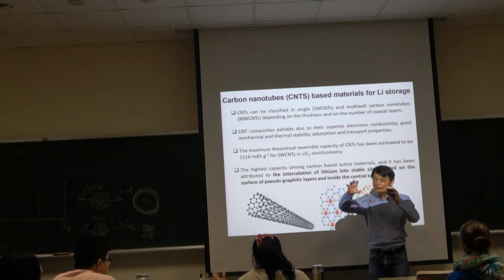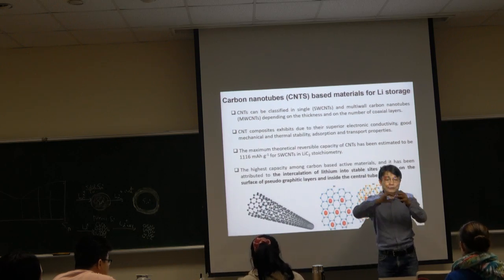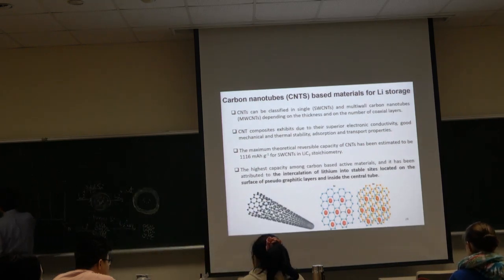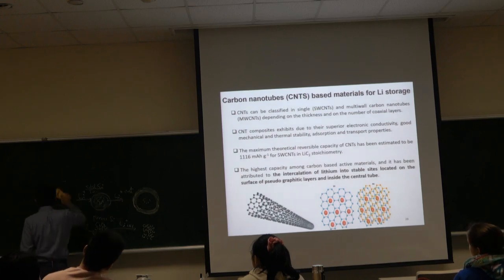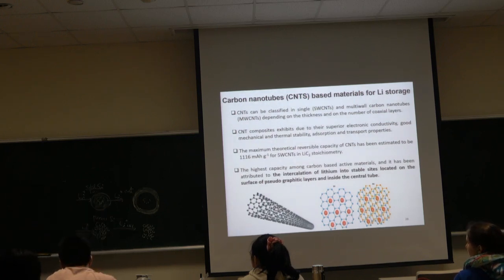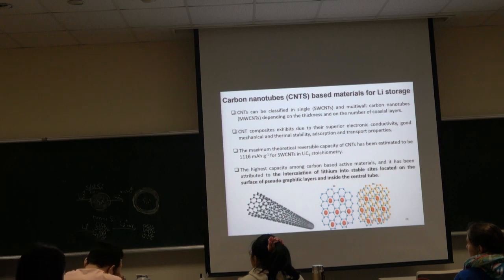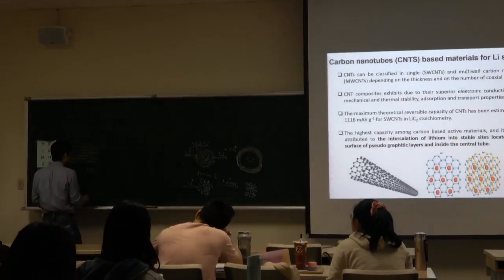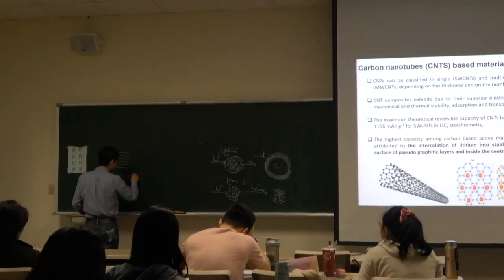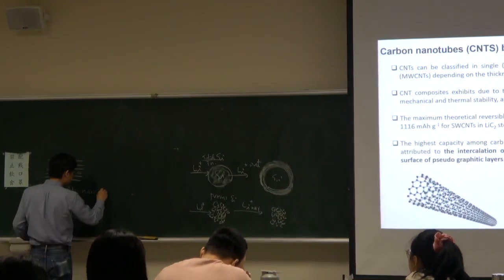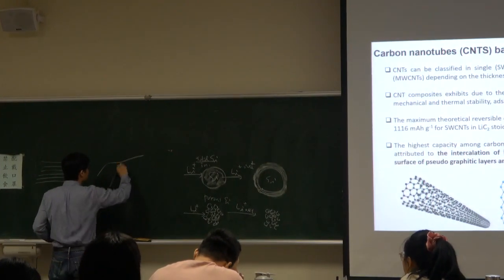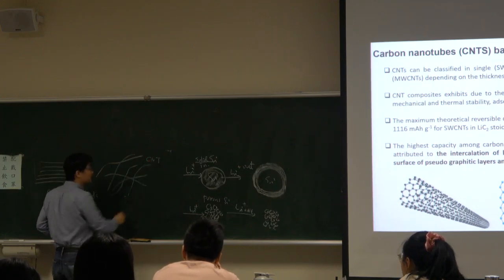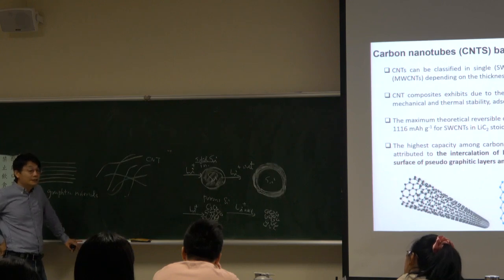And the nanotube can suffer more volume expansion. Do you know why? For the graphite, it looks like this, layer by layer. But for the CNT, here is the CNT.